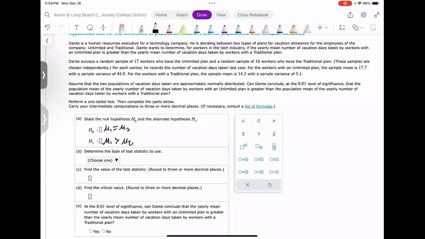This is definitely going to be a t-test. This is a larger than scenario. And the alpha that they give us is 1%.